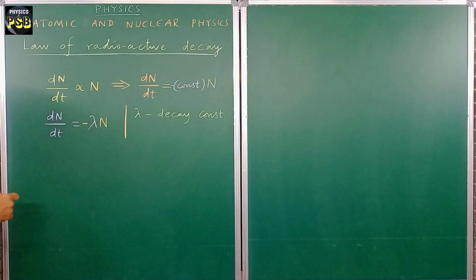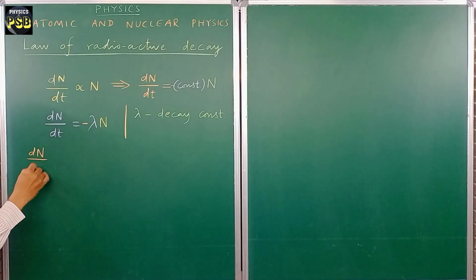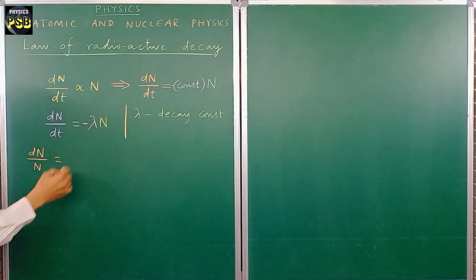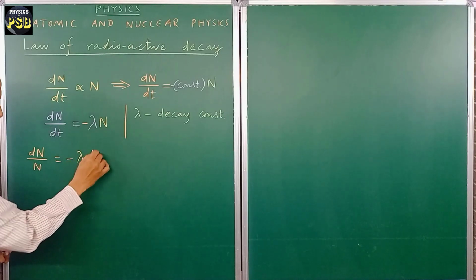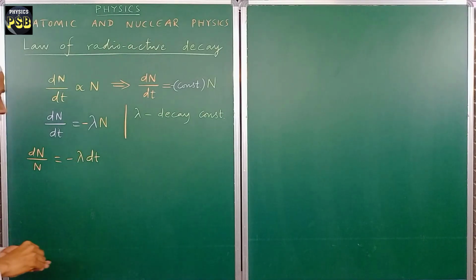Before integrating this, I am going to make certain changes. I'll rewrite this as dN divided by N. Here I have brought N to this side, then dt is taken to that side. So I get minus lambda dt. After that, I'm going to integrate.